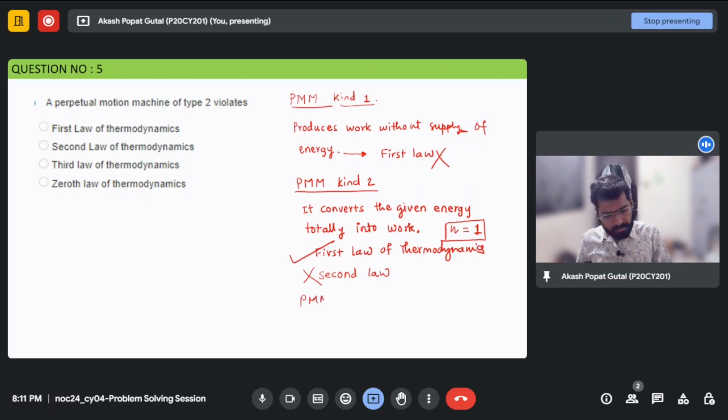The third machine is PMM kind 3, the perpetual motion machine of kind 3.